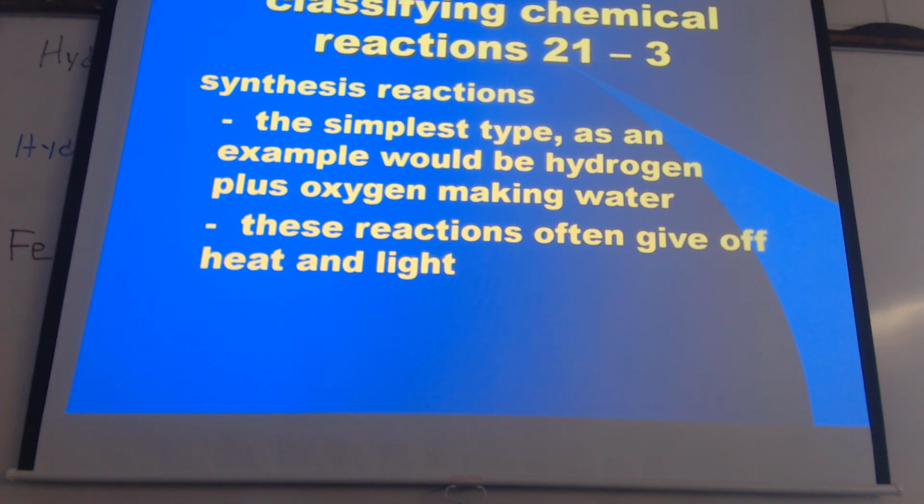So if we had to make a presumption, what would the opposite of synthesis be? What happens to mercuric oxide? They decompose. Yeah, it breaks apart. So the opposite of synthesis is decomposition.